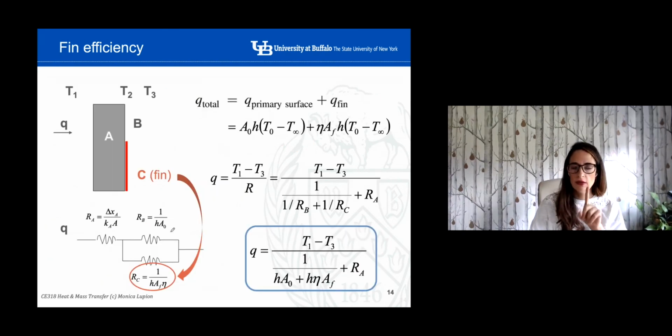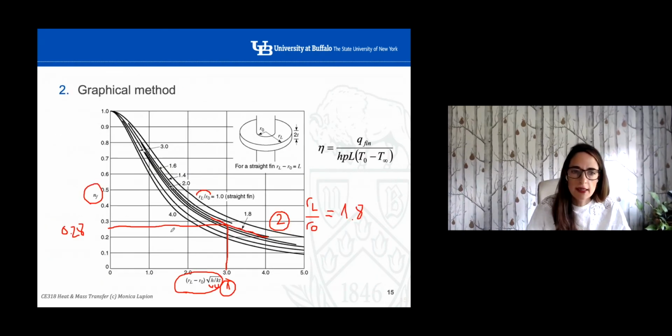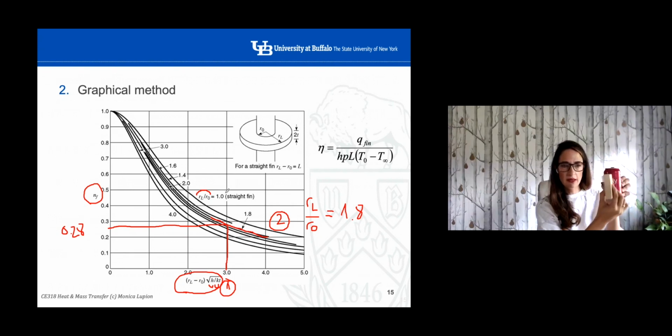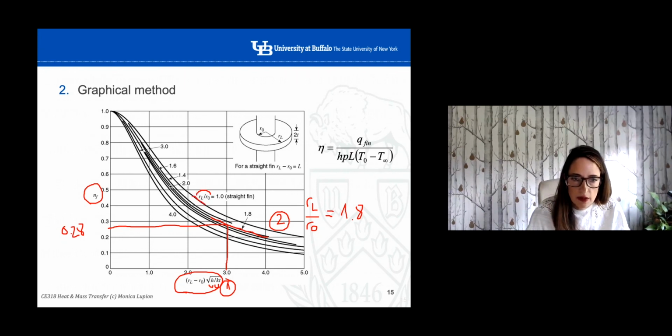Two things about this graph. One is that, if we have a straight fin, like the example that I mentioned, so not a circular fin, but a straight fin, like this example, we have to pick this line here. So when the ratio between the radius is equal to 1, this is number one, in case we have a straight fin. Second thing that we need to pay attention to, the thickness.